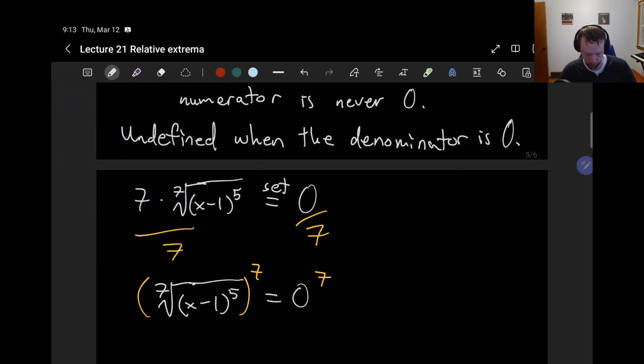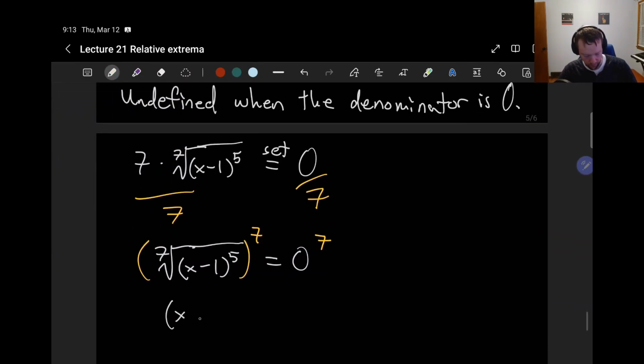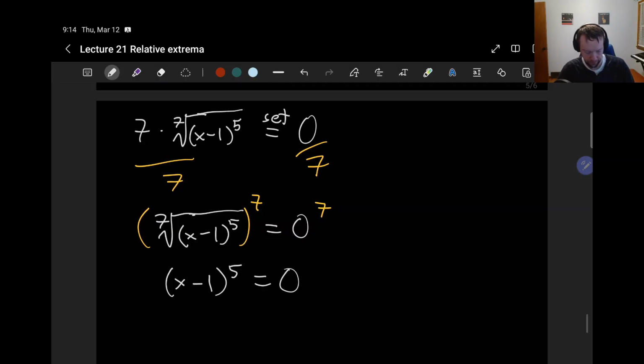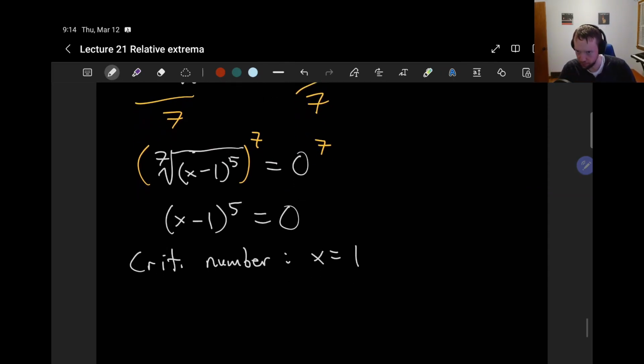Notice that also doesn't affect 0. So the derivative is undefined when (x minus 1) to the fifth is 0. And we're pretty much done here because this is already factored. The only critical point, or the only critical number, is 1. So this is the only potential candidate for a local maximum or local minimum.